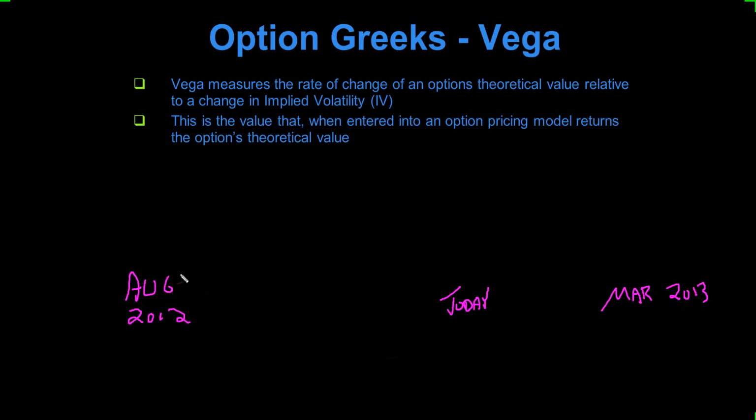Obviously this is what the stock has done. This is how the stock has moved. This is where it is right here. What we don't know is where this stock is going to go. Where is it going to end up over here on this date?